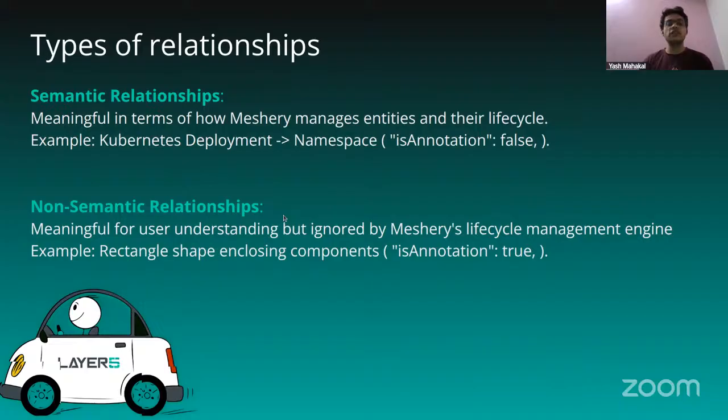It is just to guide the user, and it will be ignored by Meshery's life cycle management engine. For example, a rectangle shape enclosing components. It's a common practice: if you want to show that something consists of something, you take a shape and drop other things into it. So non-semantic relationships are just for user guidance. They won't have any effect on any process or run any process, and they will be ignored by Meshery's life cycle management engine.